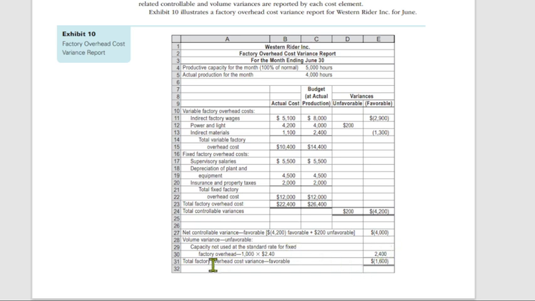So therefore, the total factory overhead cost variance is favorable at 1,600. So anong gagawin ngayon ng top management dito? Ang titingnan niya dito are not the fixed overhead cost but the variable overhead cost at kung sino ang responsible on that particular items. For example, the factory wages, the indirect materials, the factory supervisor are responsible for these items.